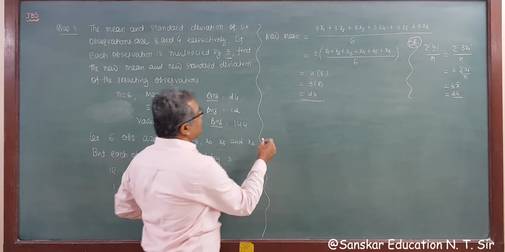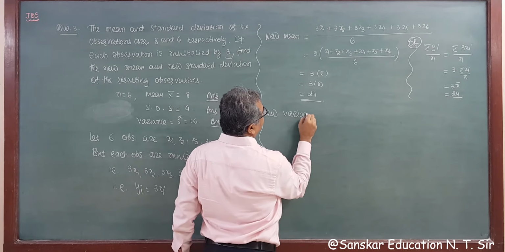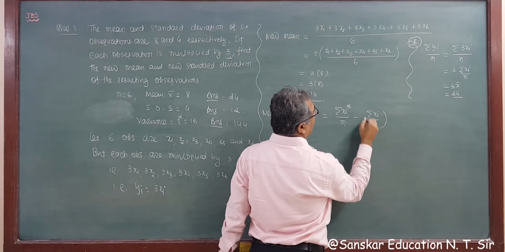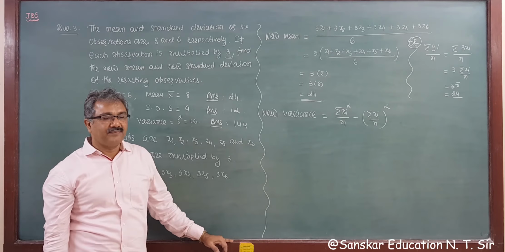Now the new variance. The formula for variance is sigma xi square upon n minus sigma xi upon n whole square, right?